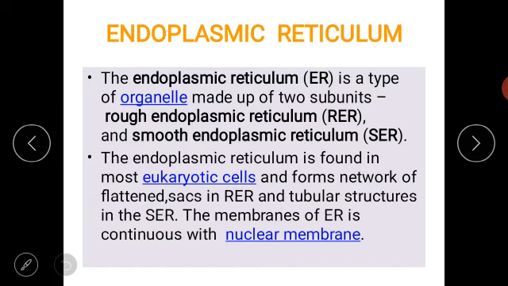The next cell organelle that we are going to study is the endoplasmic reticulum. This is a unique cell organelle which is involved in the process of protein synthesis. Endoplasmic reticulum is made up of two subunits, rough endoplasmic reticulum and smooth endoplasmic reticulum.